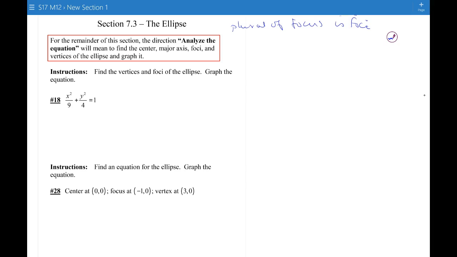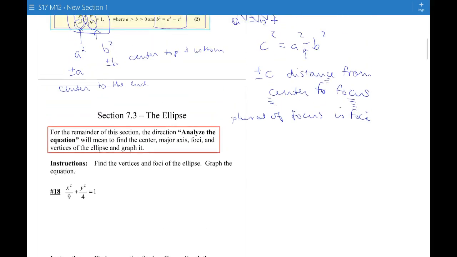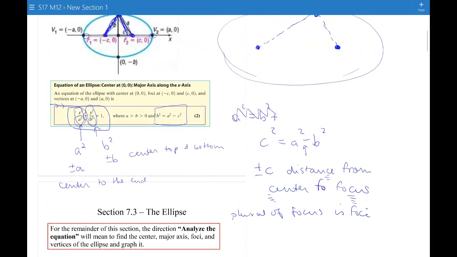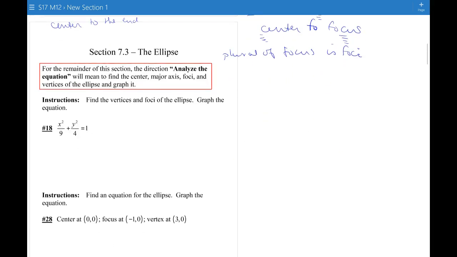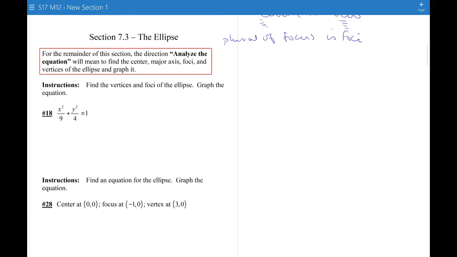Either one is correct. And then find the vertices of the ellipse. Well, notice that it has 4 points that help us draw it. The b and the minus b and the a and the minus a. But only the points the farthest away from the center are called vertices. So one vertex, plural vertices.